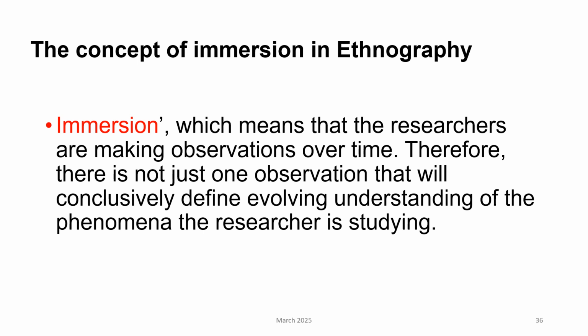So over time of observation, the ethnographer may begin to understand what he or she is seeing from the perspective of insiders to this research setting or to this particular situation.